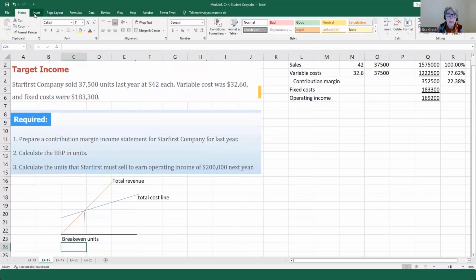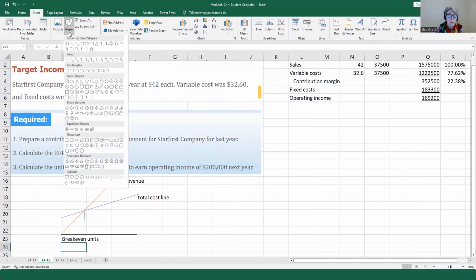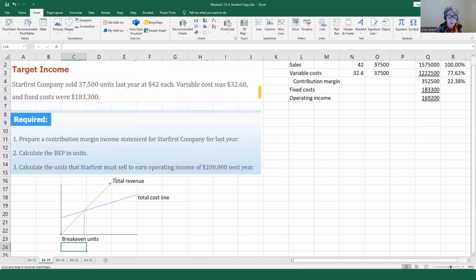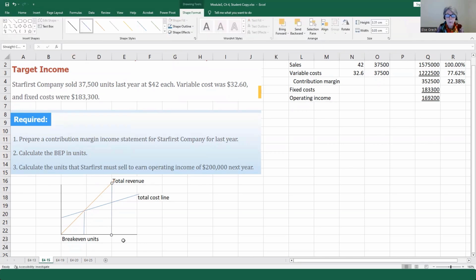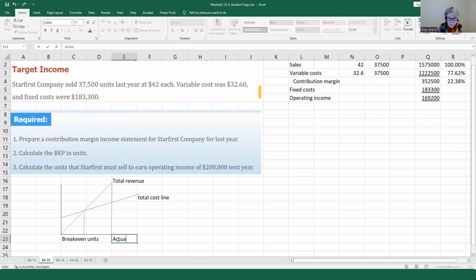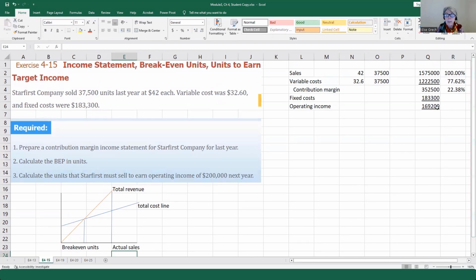If we are selling more than the break-even units, we're going to be way over here. Okay? So this is actual sales right here, right? So we can see that this is a margin of safety. And if we are selling right here, we've got operating income. So keep in mind, if we're seeing a profit here, that means that our break-even point in units is going to be less.